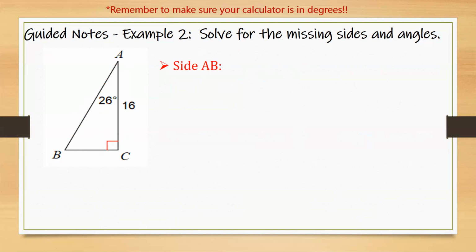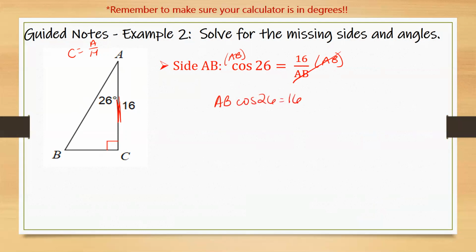Okay, to find that, I'm just going to use cosine of 26 is equal to, remember cosine is adjacent over hypotenuse. So that is equal to 16, which is adjacent, over the hypotenuse, which is AB. So I want to solve for AB. So when I do that, I'm going to multiply both sides by AB. Okay, that cancels out. And I'm going to have AB times cosine of 26 is equal to 16.